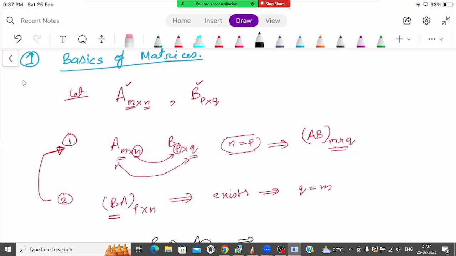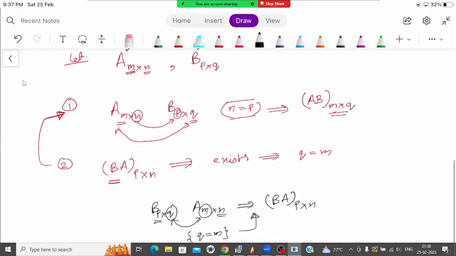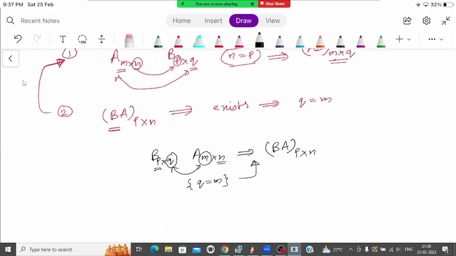Then only we get BA, which will be a p cross n matrix. So this is the second property.